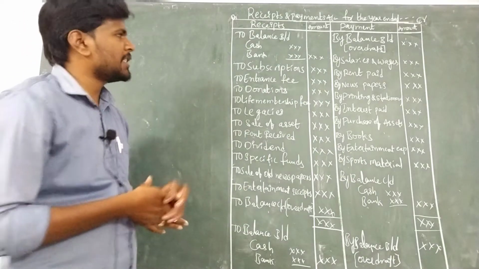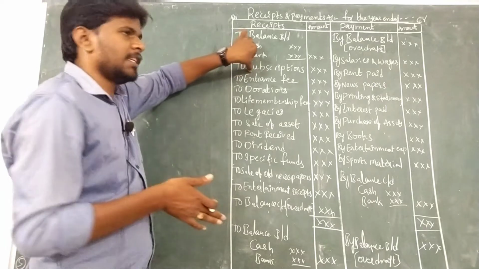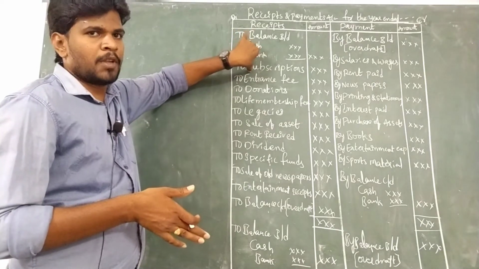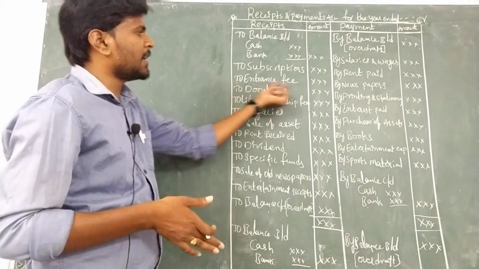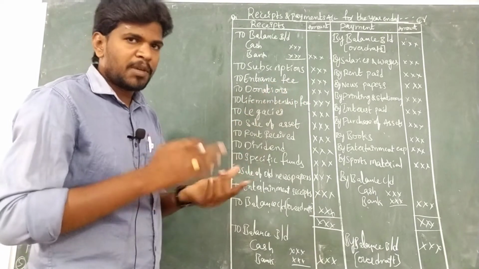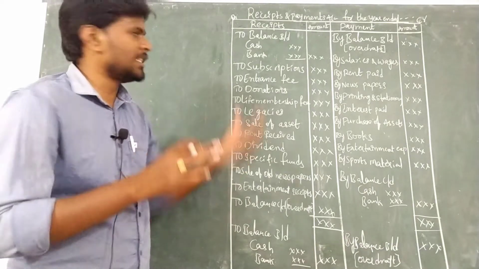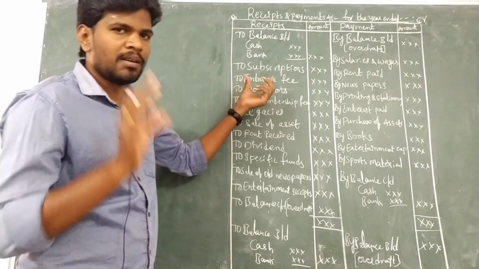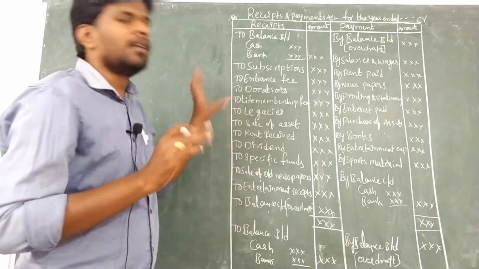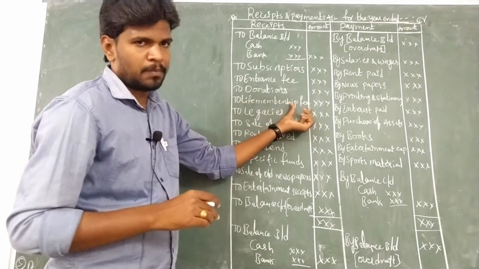See the first receipt, subscriptions. It is a major receipt, a revenue receipt. Next receipt, entrance fee. Next, donations. Donations may be general or specific donations; whatever they may be, that is a received amount. All received amounts are recorded on the debit side. Next receipt, life membership fee.